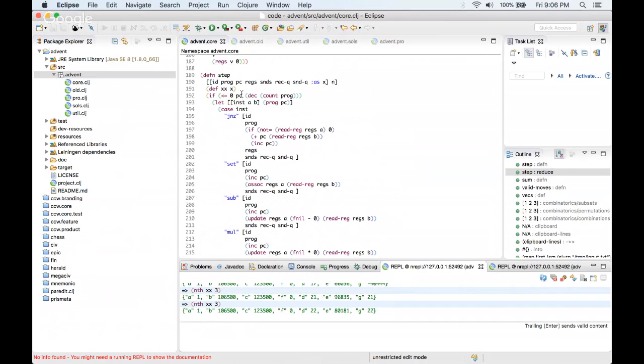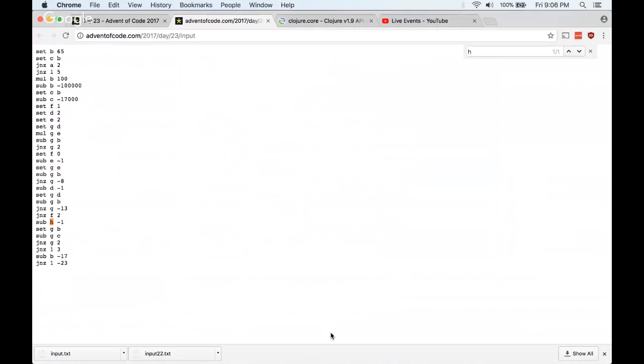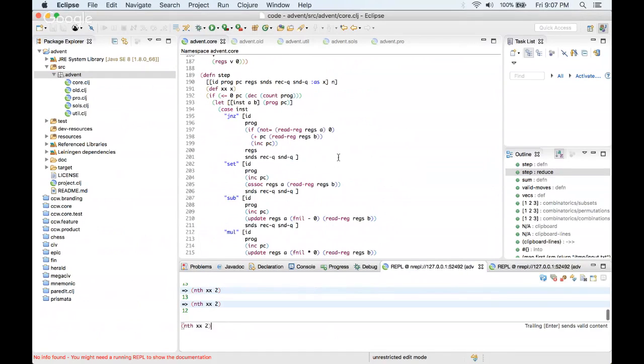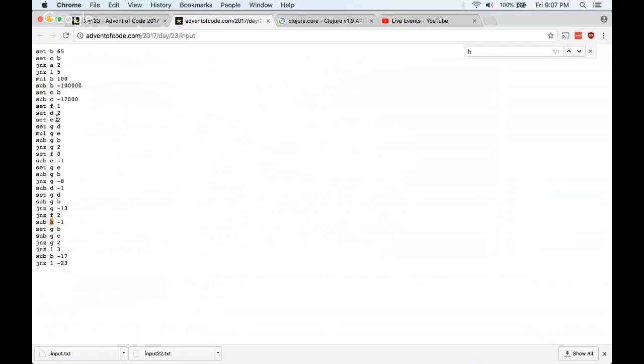So my guess is that maybe this value, so G is changing a lot, E is going up. Let's see, let's take a look at the program counter. So where's the program counter spending its time? 17, 16, 11. Okay, it's spending its time in lines 11 to 18.